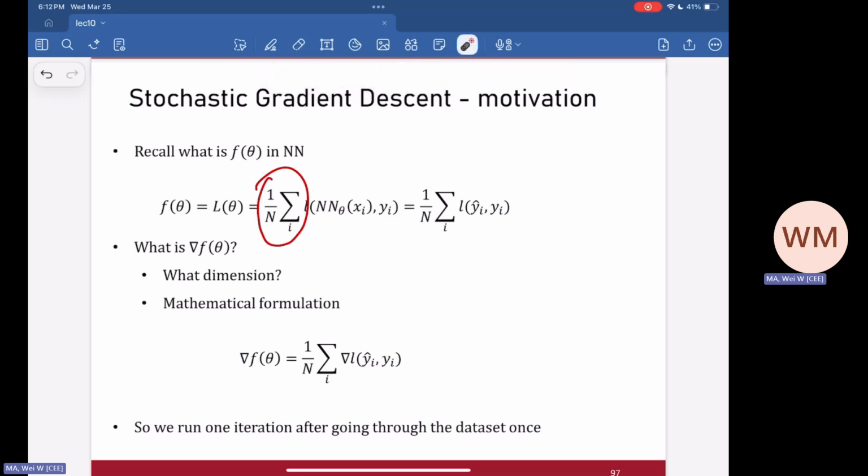Basically, you need to look at all the data once so that you can run one iteration. You have to go through all the data one by one, then finally you find the loss, and then you can update once. In this case, one epoch is one iteration, and it's one update.